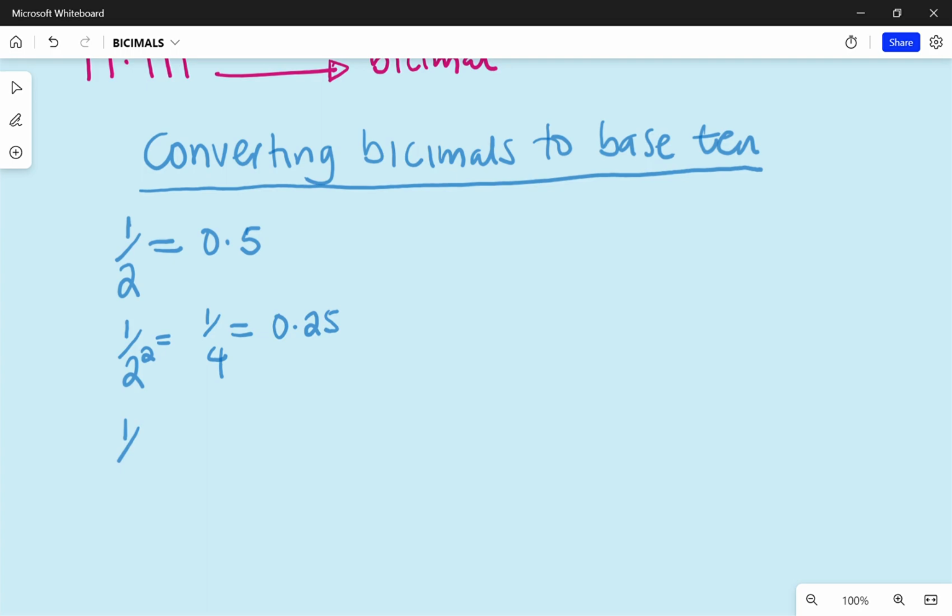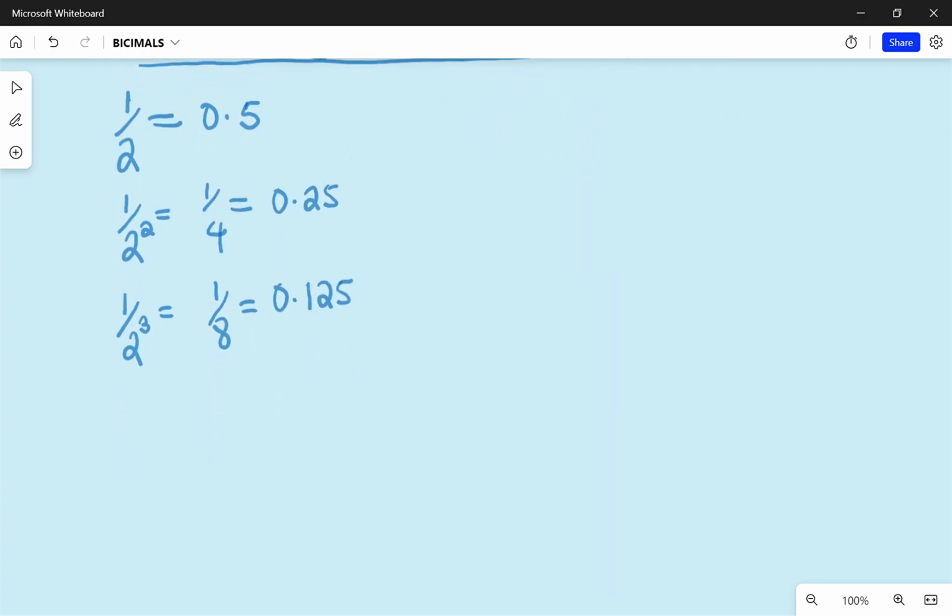Then 1 over 2 power 3 is 1 over 8, which is 0.125. Then 1 over 2 power 4 is 1 over 16, which is 0.0625.